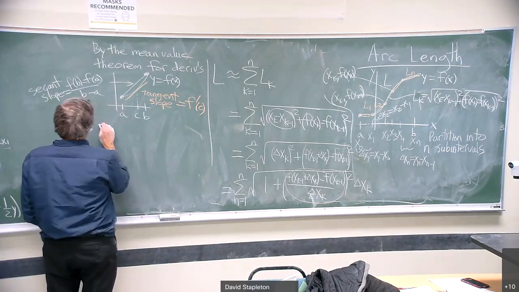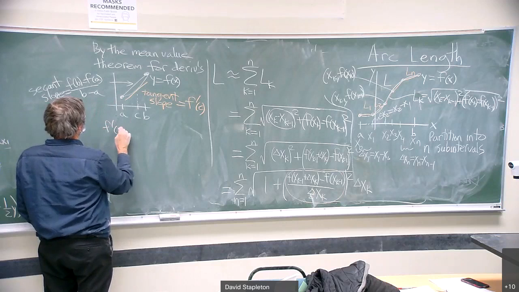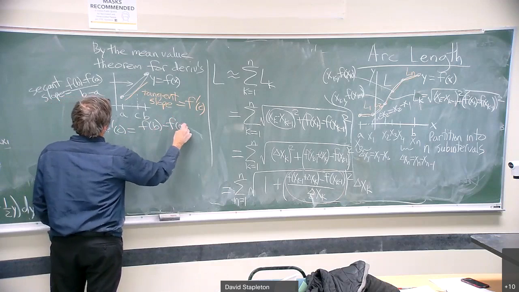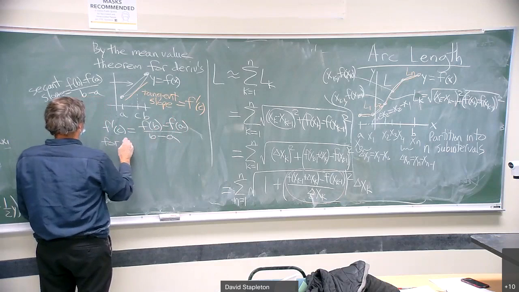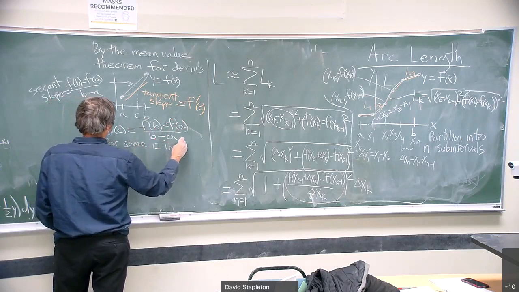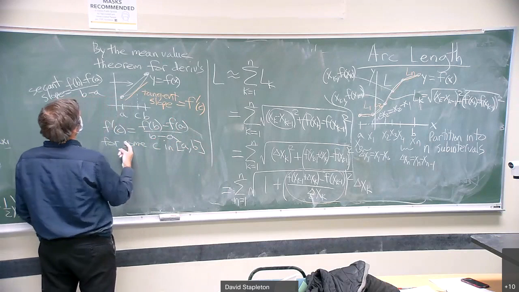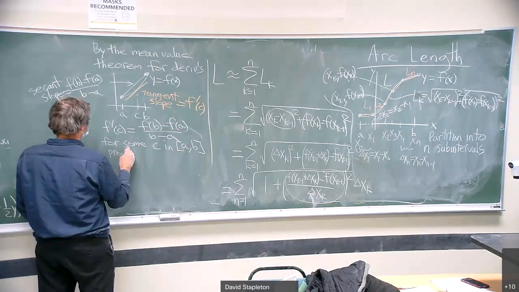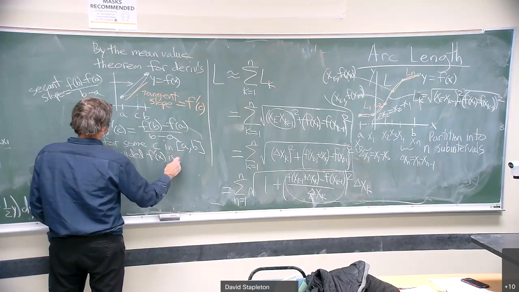So we'll say we have that f prime of c is equal to f of b minus f of a over b minus a for some c in the interval from a to b. And maybe more than one value of c. That's the mean value theorem for derivatives, provided f prime is continuous.